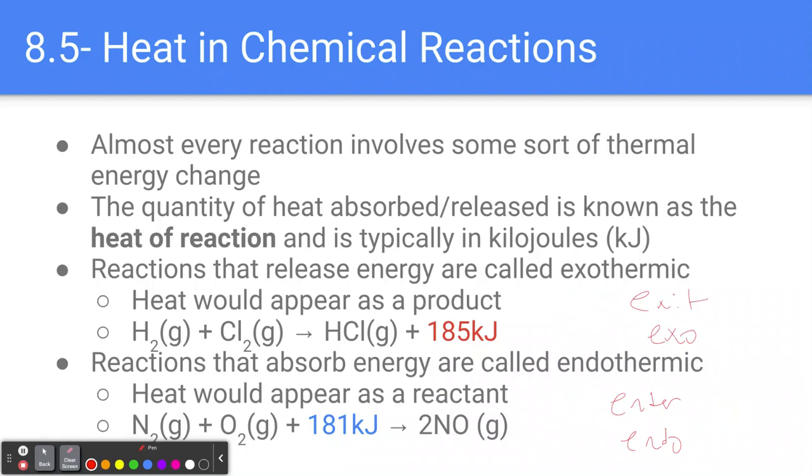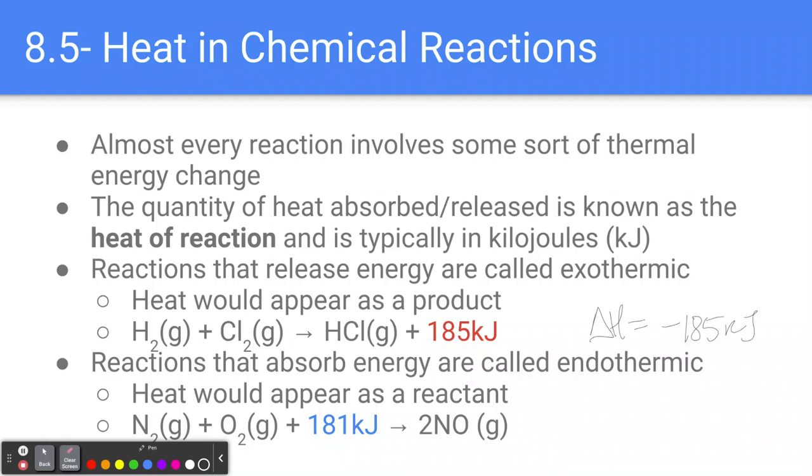Now, how can you see energy is exiting? Energy is exiting when it is a product, and it's entering when it is a reactant. So you can see here the difference between those two. Every once in a while, sometimes they don't write it quite like this. Sometimes they'll say delta H equals negative 185 kilojoules.